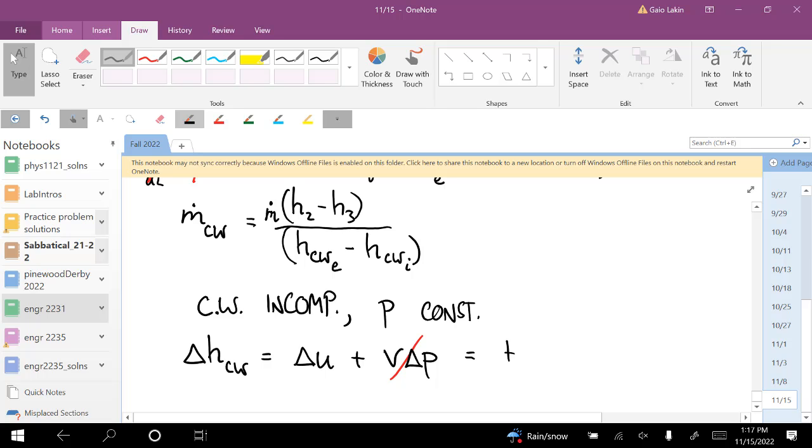So this is 4186 times the quantity final temperature minus initial temperature. And those were given: 35 minus 15.